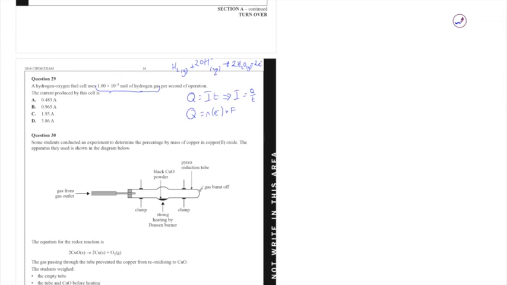As I said, there is another equation within the electrochemical series. I'm choosing to use this one. Ultimately, it doesn't matter. We can see that my hydrogen gas has a 1 to 2 ratio with the electrons, and that means there's going to be twice as many moles of electrons as there are moles of hydrogen gas.